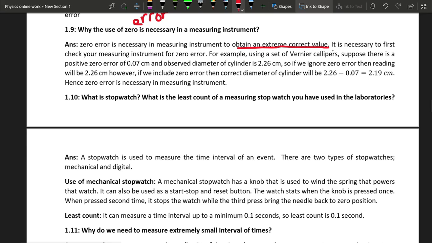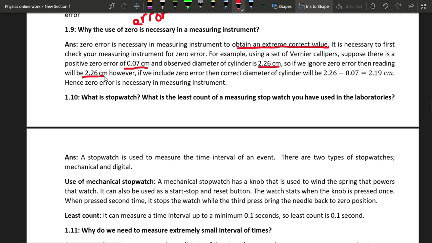I will explain this point with an example. Suppose a Vernier caliper has a positive zero error of 0.07 centimeter. Although it is a very small value, when we observe the diameter of a cylinder, it will be 2.26 centimeter. If we ignore this zero error, we take the diameter of the cylinder to be 2.26 centimeter.